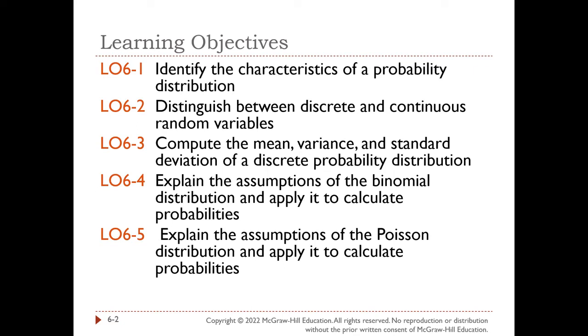Explain the assumption of the binomial distribution and apply it to calculate probabilities. And explain the assumptions of the Poisson distribution and apply it to calculate probabilities. Again, lots and lots of fun stuff going on there.